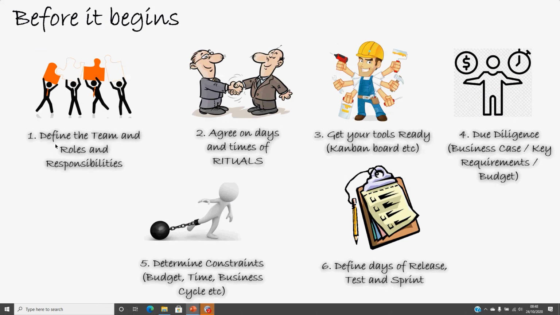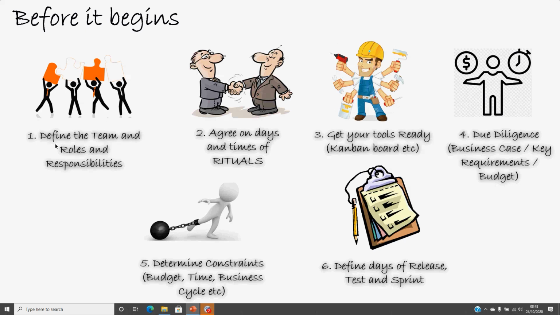What are they going to be doing? Who is going to be the product owner? Who is going to be the scrum master? And then in the development team, people within that team, it doesn't have to be transparent to the organization, but within that team, people can decide among themselves that I'm going to develop, I'm going to test, and I'm going to write the feature and all that. So team definitions and roles and responsibilities are done.